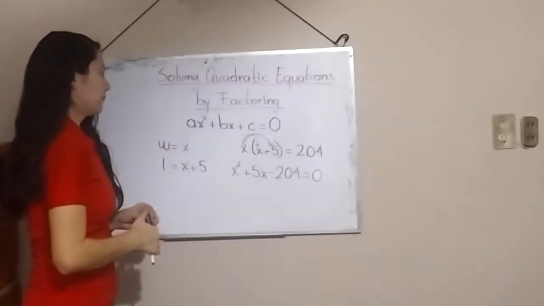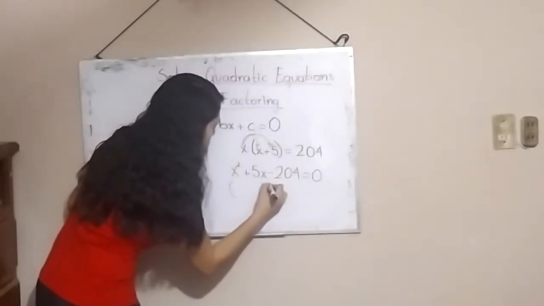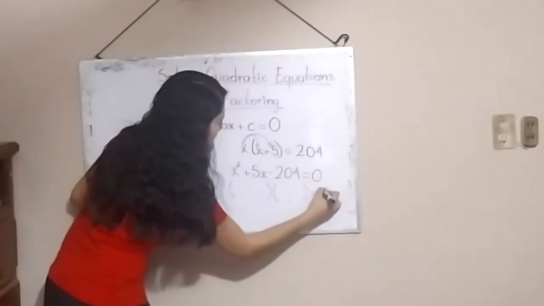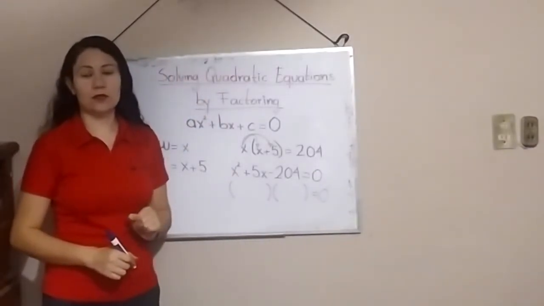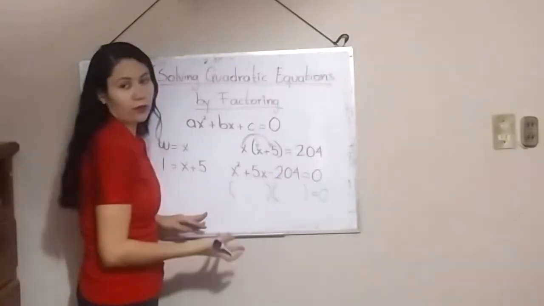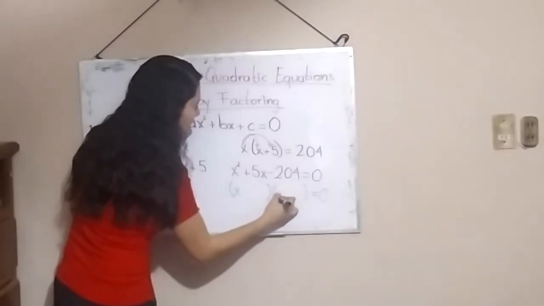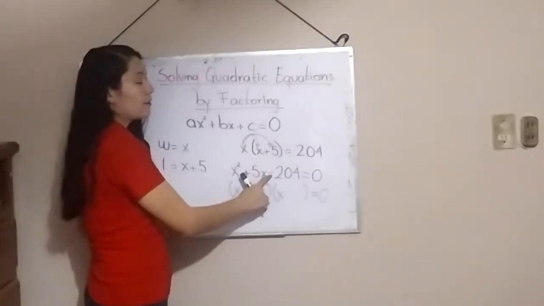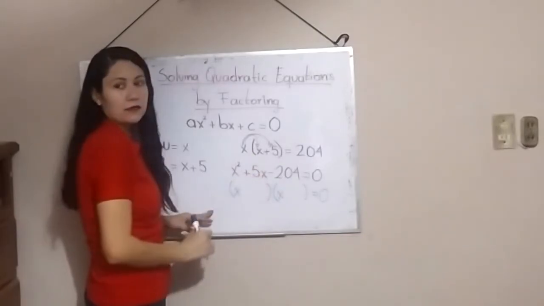Let's do it. Factoring a trinomial. There is no common factor. We place x on both of the factors. Now, we have a negative number in here and positive in here.